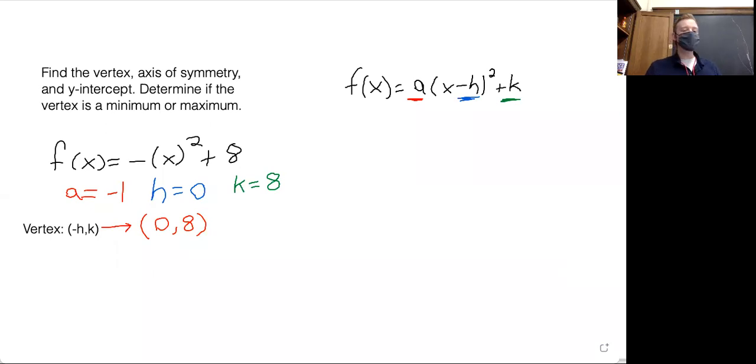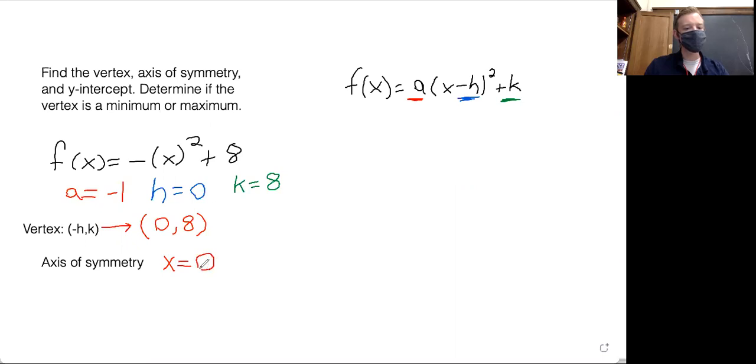So if we know what our vertex is, what's going to be our axis of symmetry now? Specifically, though, how do we write it out? There we go, x equals 0. Thank you. We have to have that x equals. If it doesn't have the x equals, it's not entirely correct.